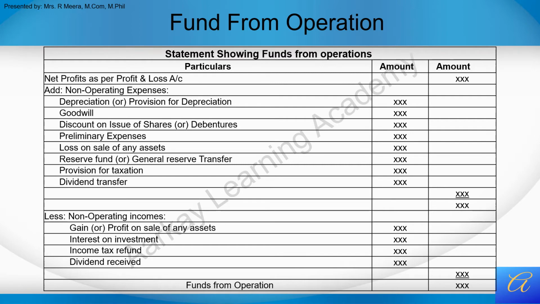See, those incomes like the profit from the sale of fixed assets, interest on investment, income tax refund, dividend received. These incomes are not a part of operations, but still we have received these and recorded them on the credit side of the profit and loss account. So these incomes have to be subtracted. If we subtract these incomes, we will get the funds from operations.